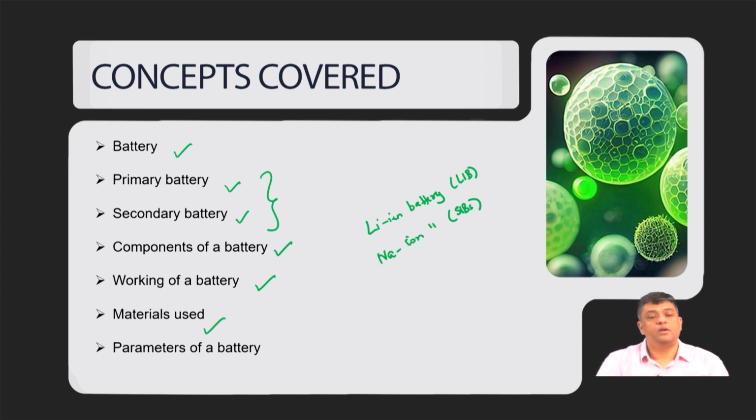So, we will talk about the materials used to fabricate these batteries, and finally, the parameters which define the performance of these batteries, and you will see how those parameters are impacted by the use of nanomaterials, and therefore, you will be able to correlate the concept, that is, the use of nanomaterials in secondary batteries.